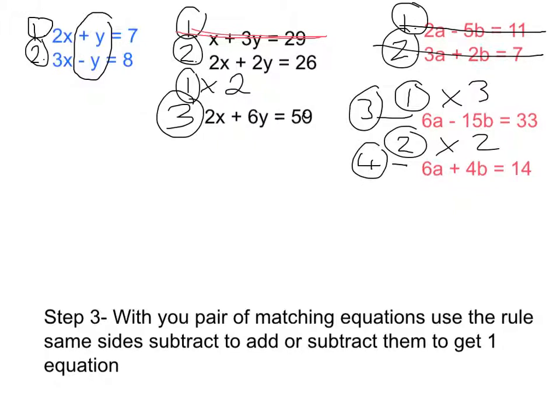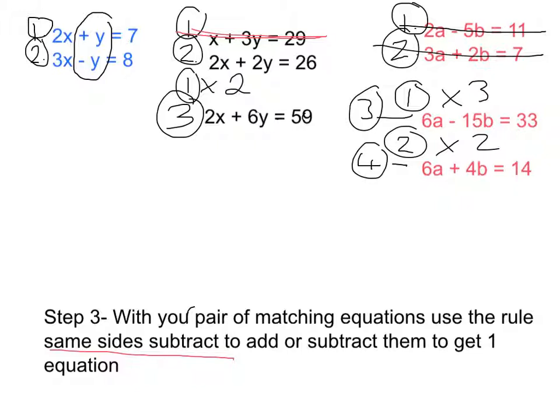So step 3: with your pair of matching equations, you've got to use the rule same signs subtract, different signs add, to add or subtract them to get one equation. What that means is we're now just going to focus on the letters where the coefficient is the same.